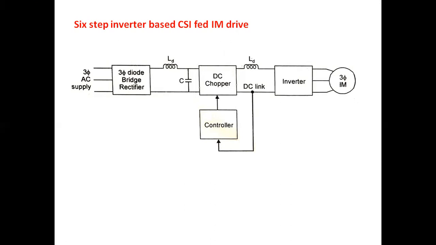So here the induction motor can also operate in constant I by F control. This constant I by F control is more reliable than constant V by F control, because current control is practically more reliable than voltage control. Hence we say that this I by F control is most reliable. Thank you.